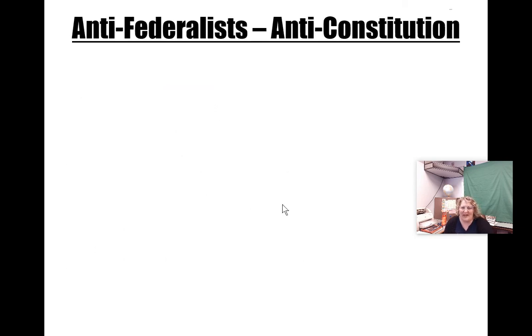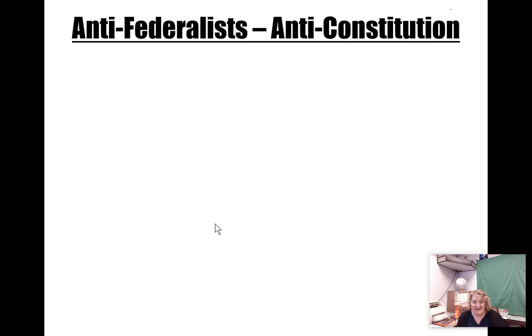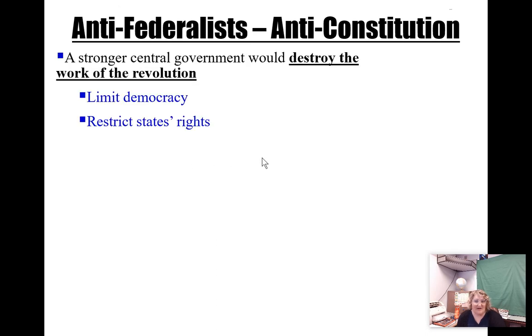So the Anti-Federalists, who were against the Constitution, are afraid that a stronger central government is going to destroy all of the work and the gains made in the Revolution. They think the stronger federal government is going to be too authoritarian, and so it will therefore limit democracy.